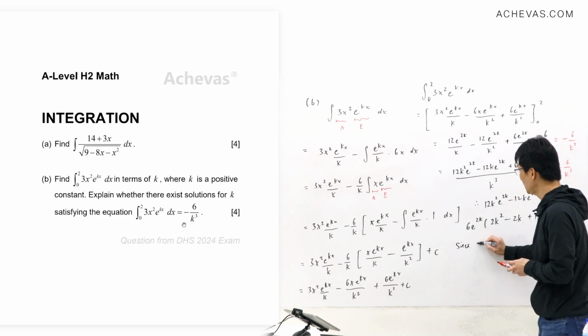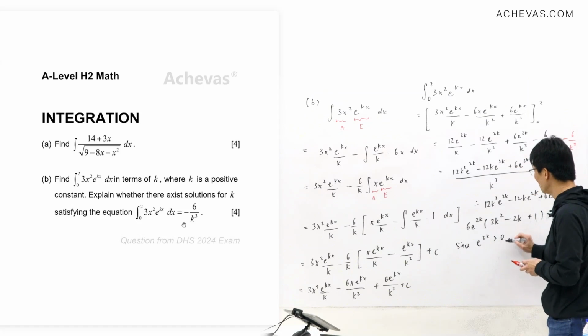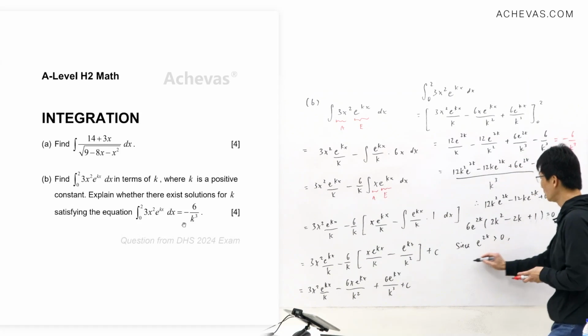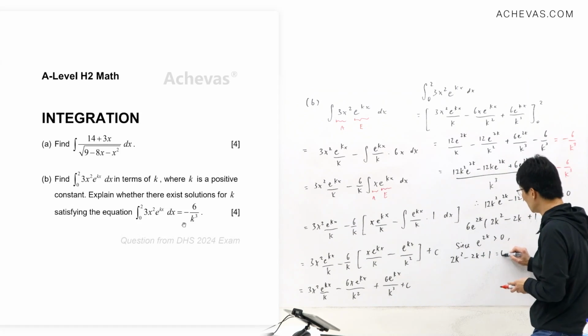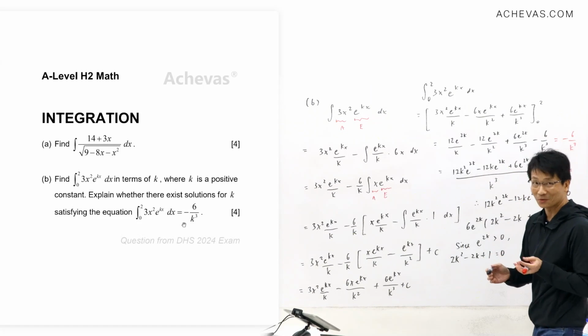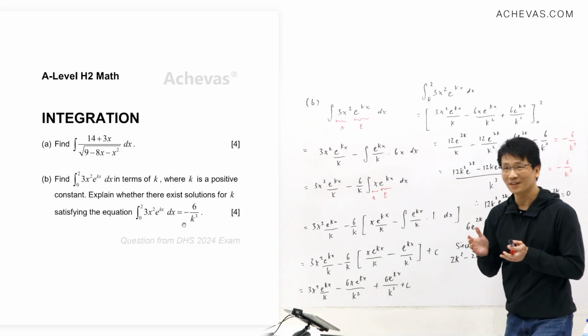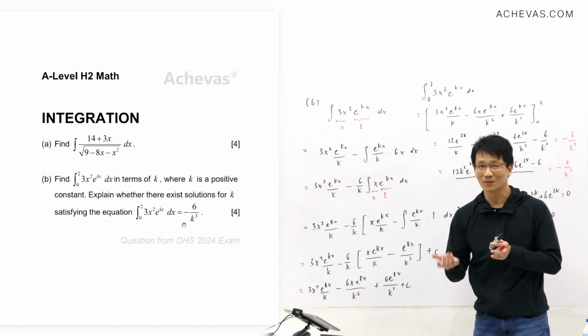And we can see that since e to the power 2k is always greater than 0, there's no solution for that. So the only thing that is left is 2k squared minus 2k plus 1 equal to 0, which is just a quadratic equation. To determine whether there's a solution or not, we can use the discriminant.